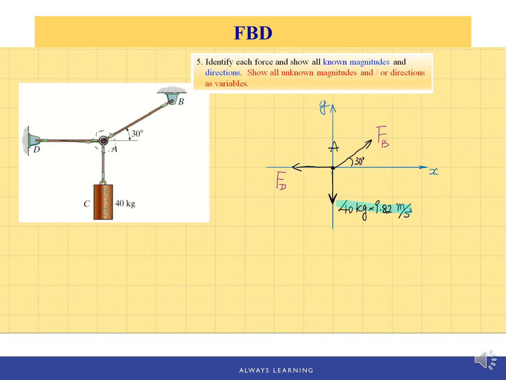For the other two, forces FD and FB along cables AD and AB, we don't know them yet, and we're looking for them. Therefore, we just give them names, place the directions and those variable names of the forces on the free body diagram. And we're done. Now this is the free body diagram of particle A.